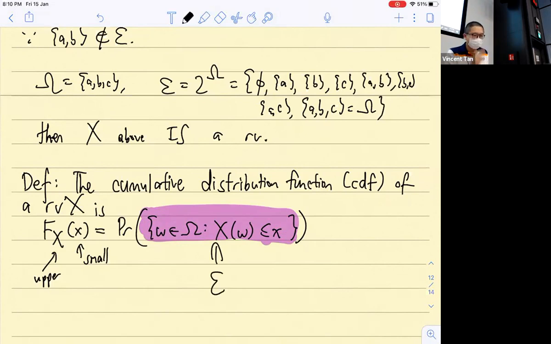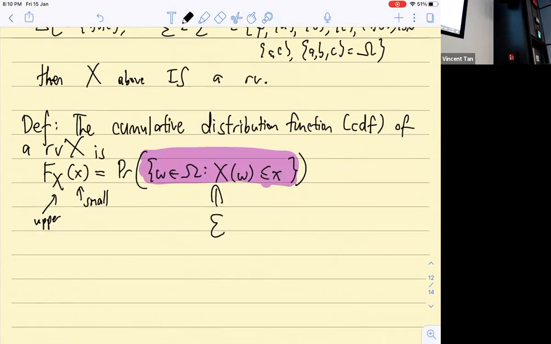This allows me to talk about the probability of this purple thing. Otherwise, I cannot even talk about the probability of this purple thing. Now that I can talk about the probability of the purple thing, which is an event, I can define this function. This function F_X(x), where x is an element of the real line. I can define this function because the purple thing is an event, and an event you can put into the probability operator.